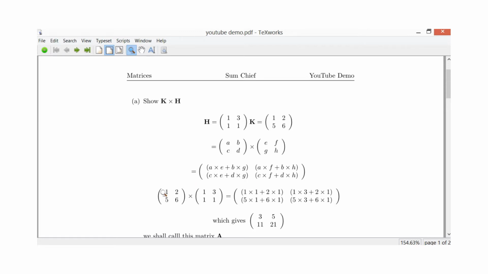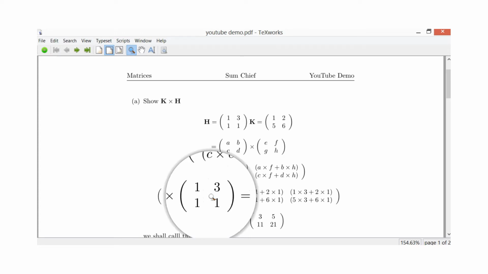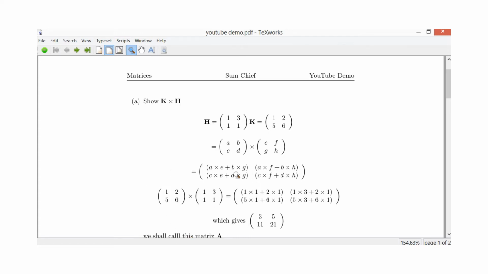K is 1, 2, 5, 6 and H is 1, 3, 1, 1. Now we follow this formula and put the values into the matrix. We've got 1 times 1 plus 2 times 1.